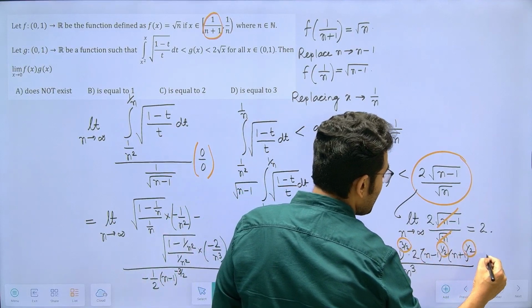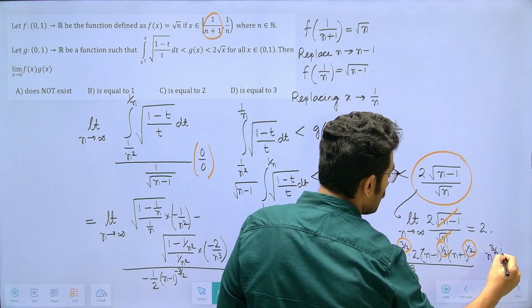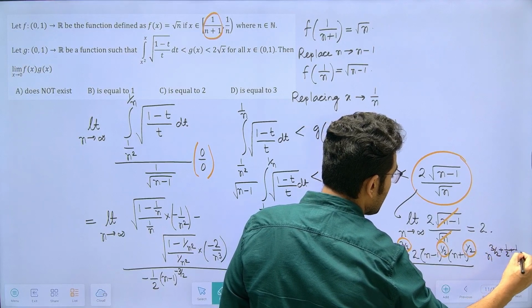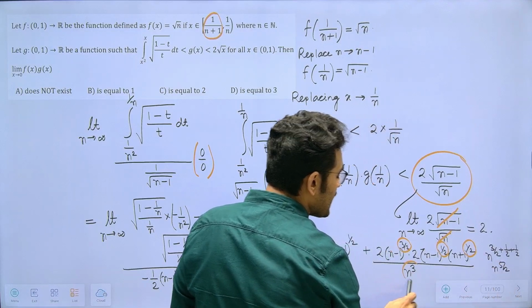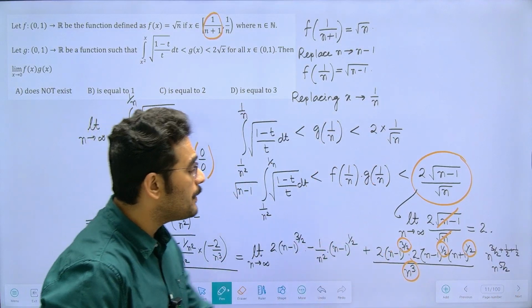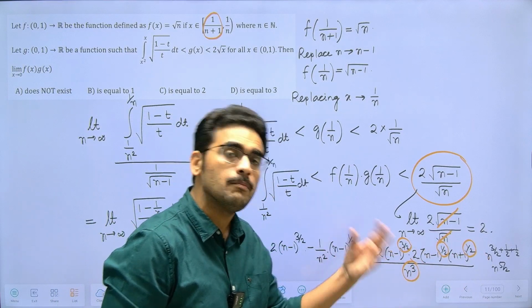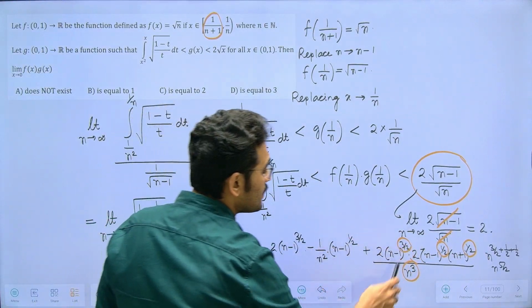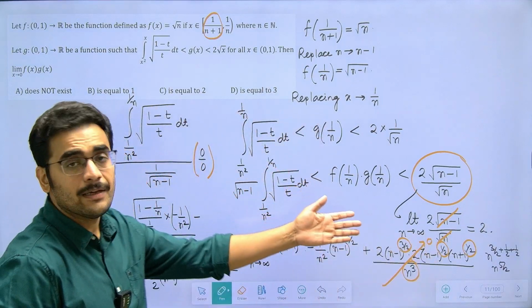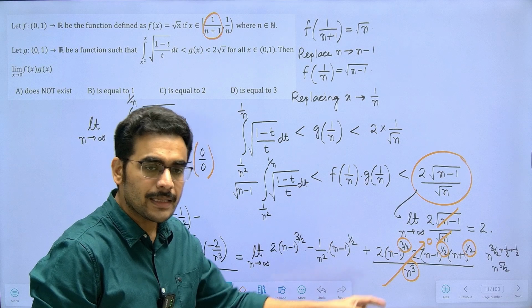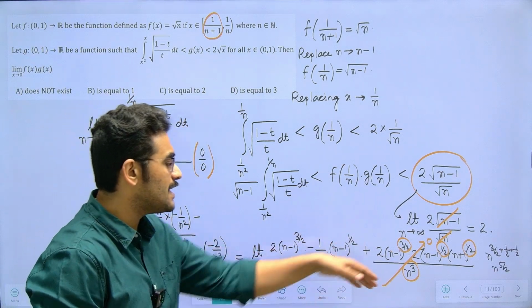So the highest power of n is n power 3 by 2 plus 1 by 2 plus 1 by 2, that is n power 5 by 2. But the denominator is n cube. So compared to n power 5 by 2, n cube will be much bigger. So this part is definitely going to 0 because the numerator's highest power is less than the denominator's highest power. So that part is gone.